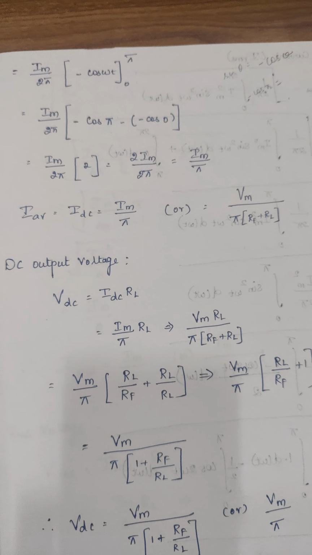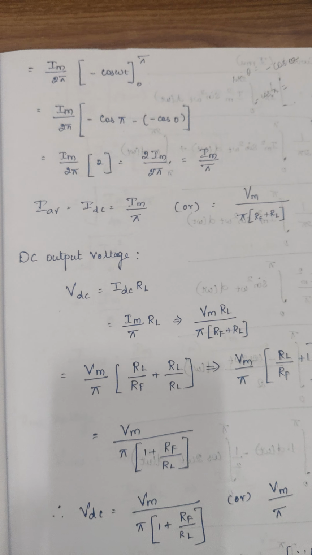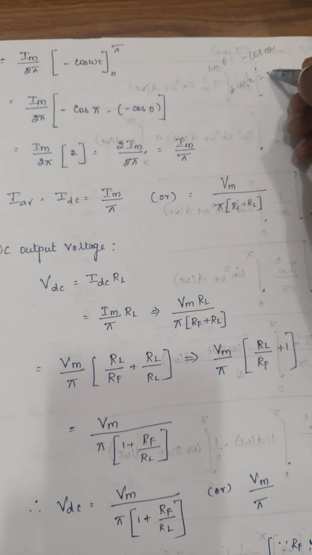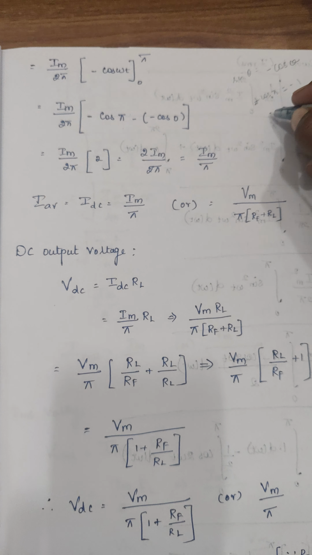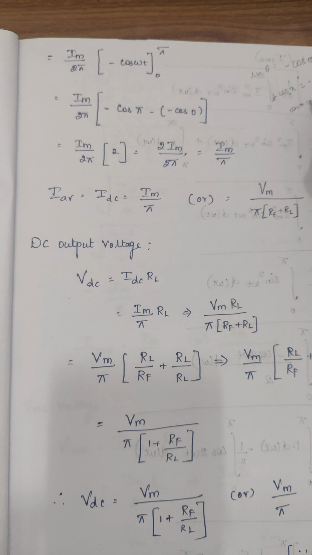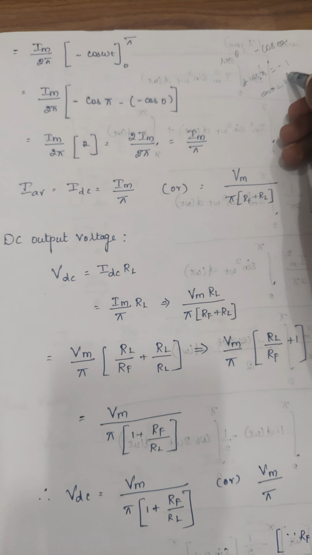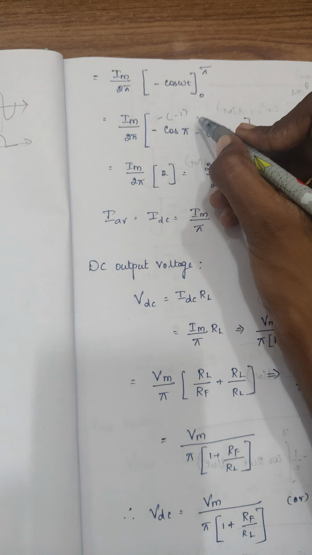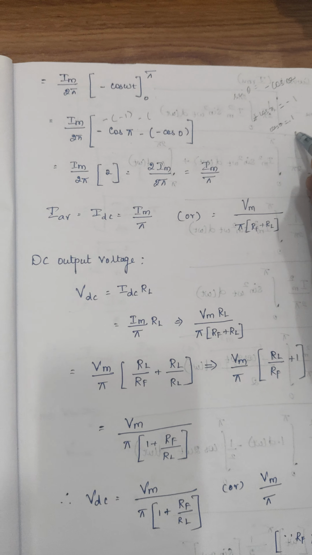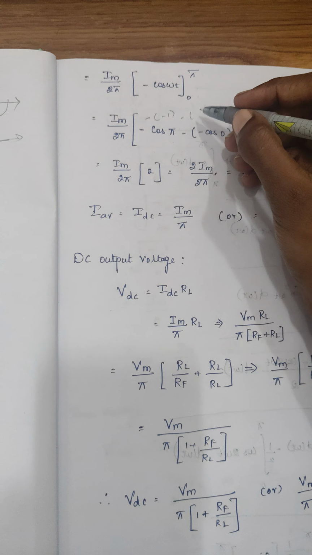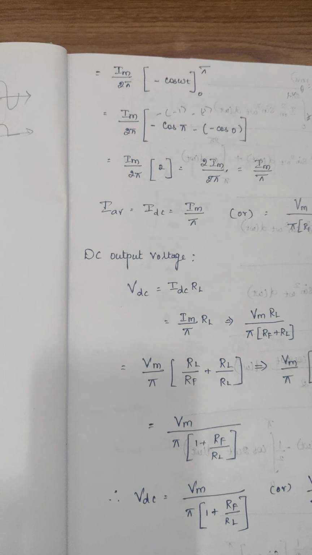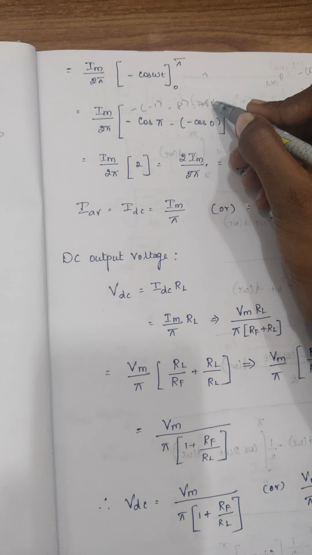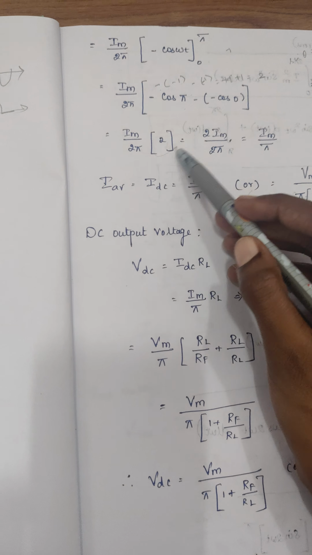The value of cos pi is minus 1, and the value of cos 0 is 1. So minus of minus 1, minus 1 gives plus 1 plus 1, which is 2. So you will get the value 2.